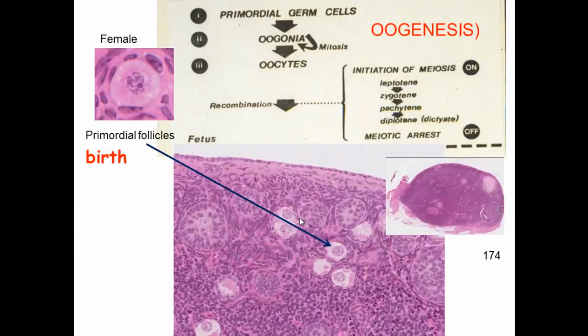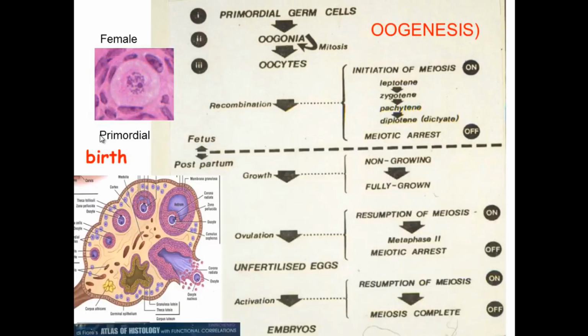And here we can see what happens before birth. You get the mitotic activity of the oogonia, and they enter meiosis, and that's how the primordial follicles have the primary oocyte inside there, because it has gone through its mitotic activity and now has entered meiosis. So meiosis is turned on and then is turned off right there at birth.